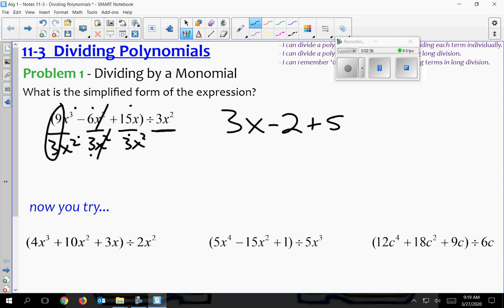But then I have an x to the first on top and an x squared on the bottom, so that x to the first is going to go away, and I take a power away from that x squared. That leaves me with an x on the bottom. So there's my division of a polynomial by a monomial, okay?